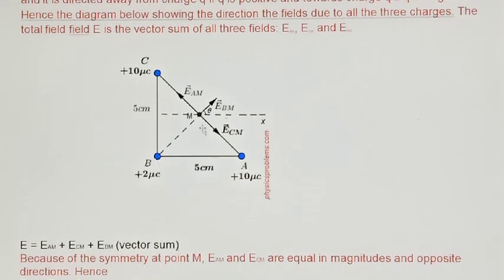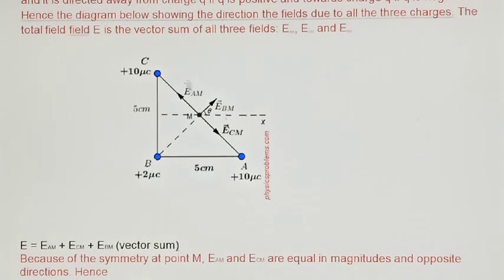But because of the symmetry of the problem, you can see that the magnitude of ECM is equal to the magnitude of EAM, because these two charges are of the same magnitude, and the distance MA is equal to MC.